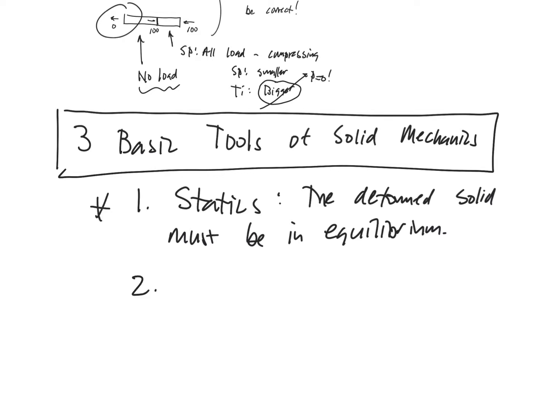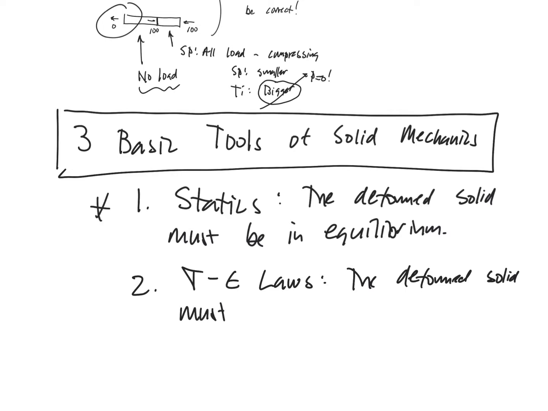The second, the phrasing that we'll use, will be stress-strain laws. And what we're going to say in that is that the deformed solid must obey, maybe that's the wrong word since it's an inanimate object, I'll put quotes around it, must obey known material laws.